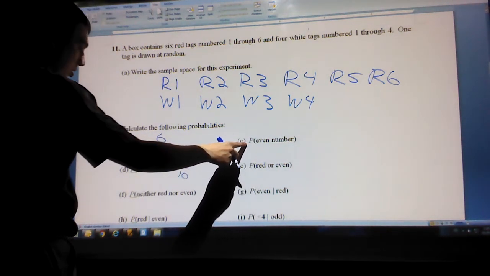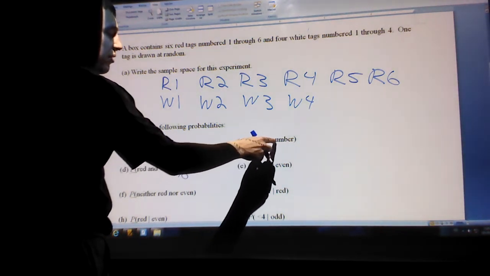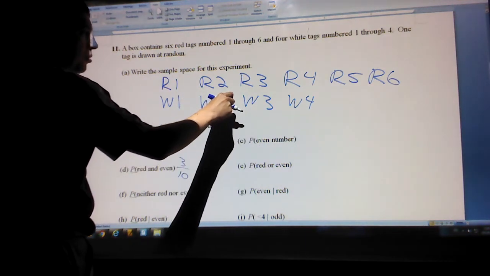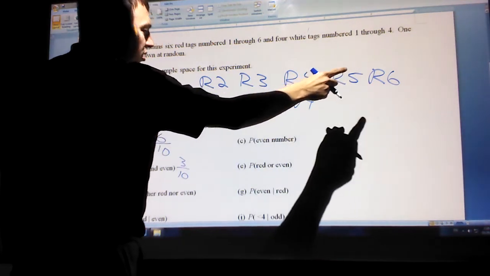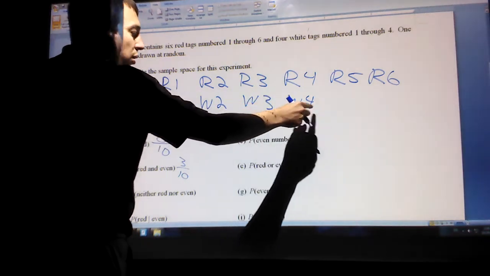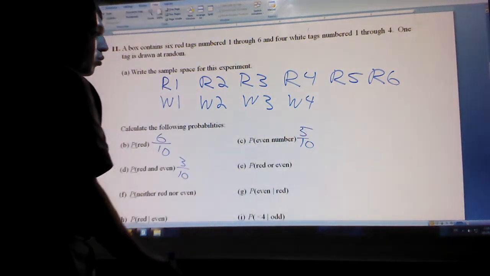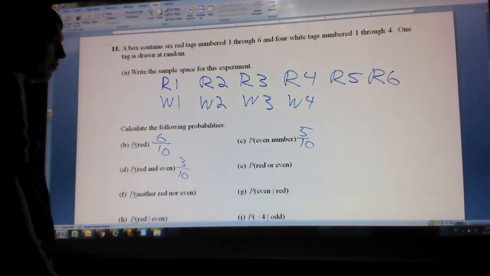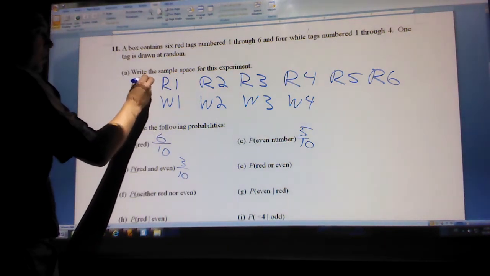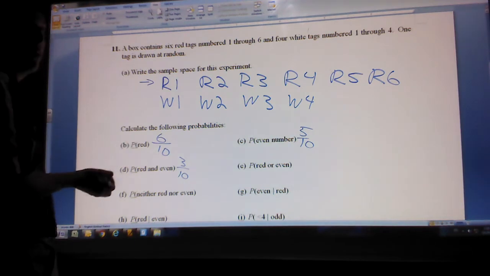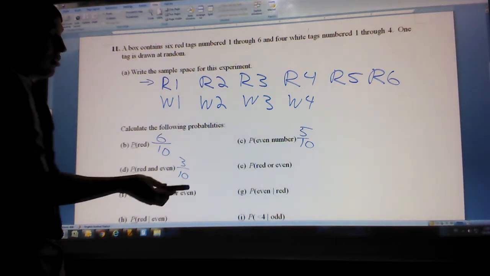Oh, let's go over here. Probability of an even number. Red 2, red 4, red 6, white 2, white 4. 5 out of 10. E, red or even. So I've got to include all of these, which are red, and then the other evens.